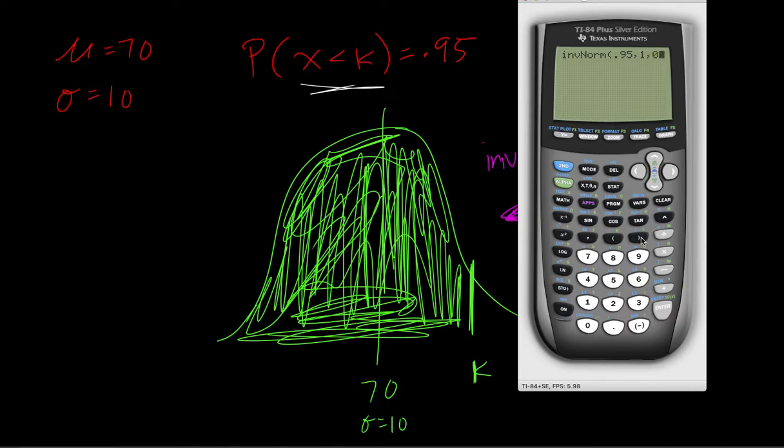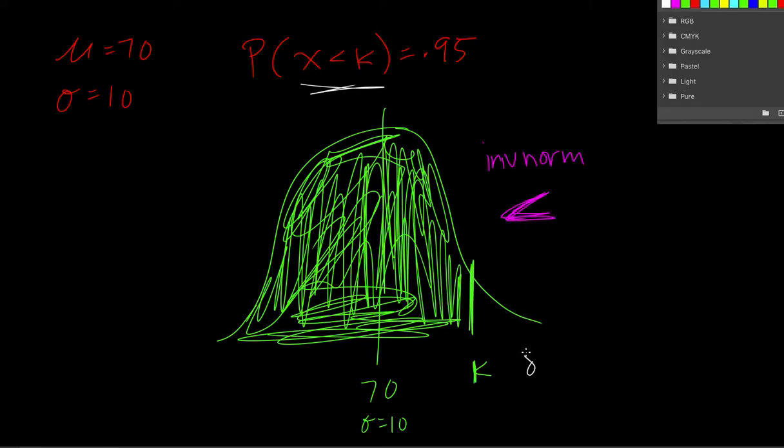The mean is 70, and the standard deviation is 10. We hit enter on that, and we get 86.4. Okay, so that k value right here is 86.4.